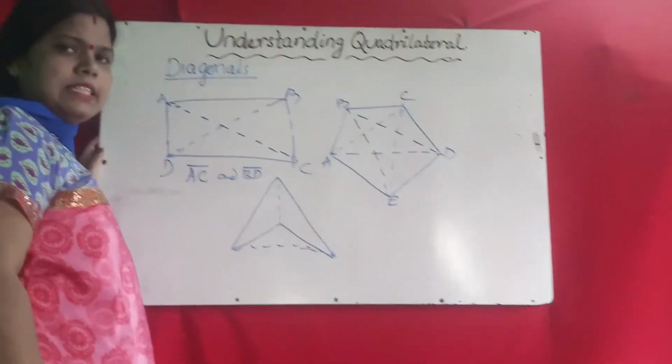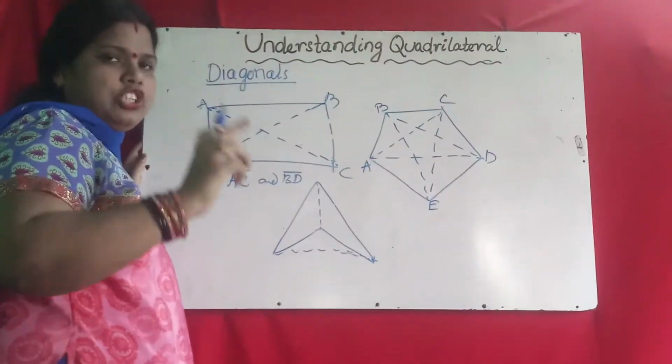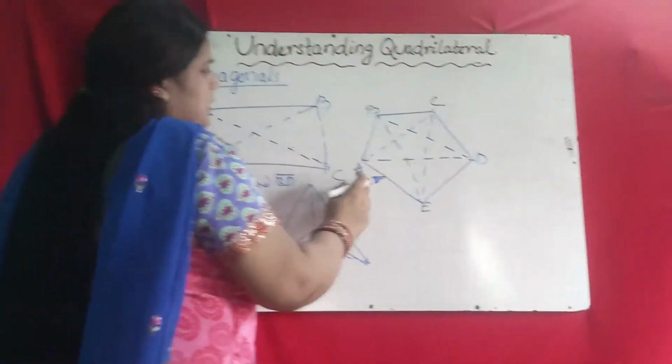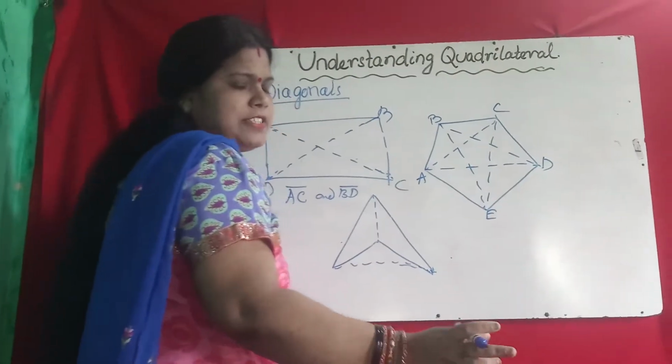So what are diagonals? The line segments joining the non-consecutive vertices of a polygon. Okay.